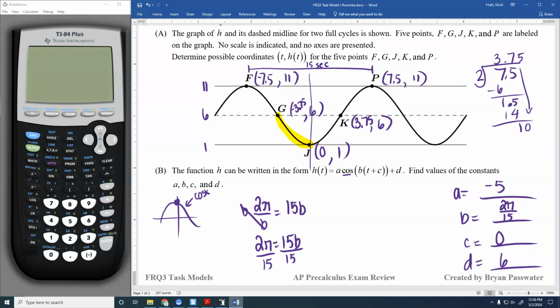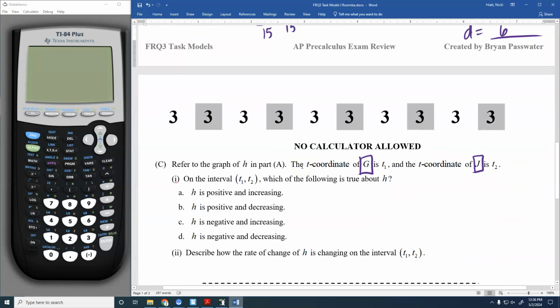It is positive. In fact, does it matter which section they give us? All of these are going to be positive because the lowest this ever goes is 1. It doesn't go below the x-axis here. So, we're positive. Is our graph increasing or decreasing? Decreasing. So positive and decreasing is our answer for that. B is what we're going to choose.